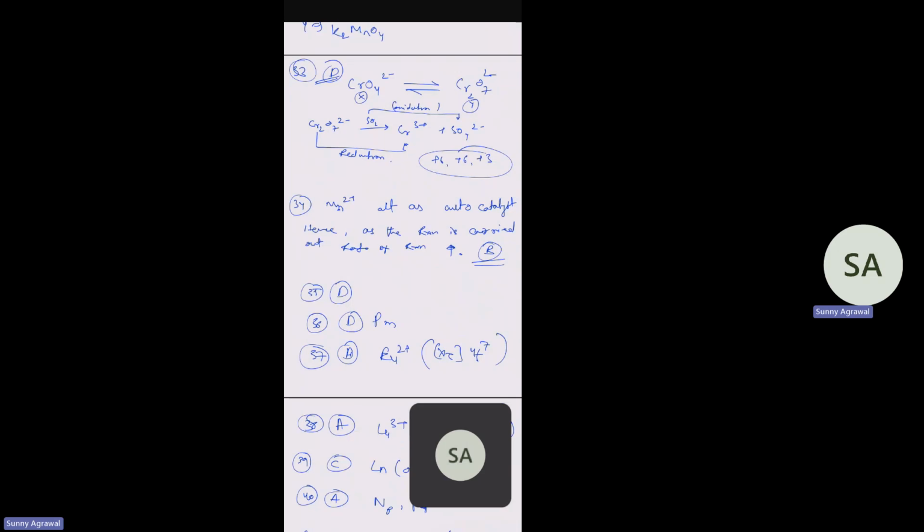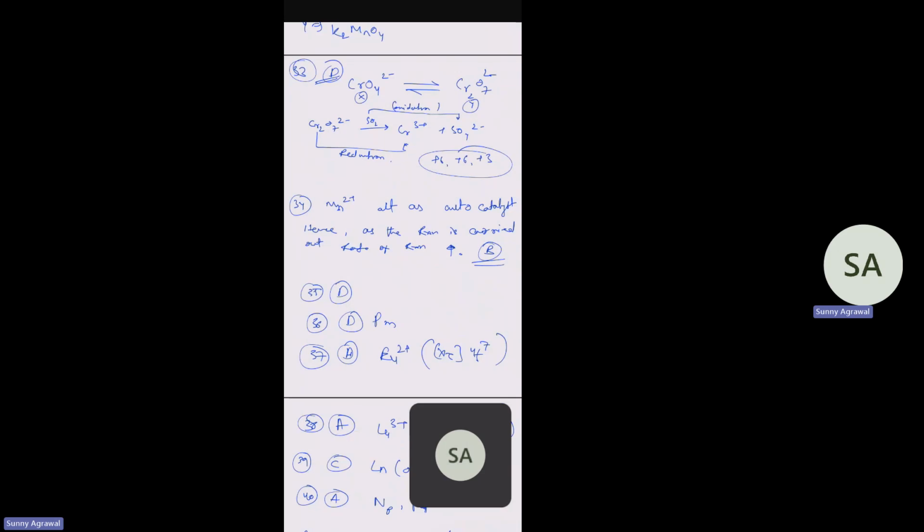Question number 34. KMnO4 is added to oxalic acid. In this reaction, as the reaction is carried out in oxalic acid, KMnO4 will act as an oxidizing agent.